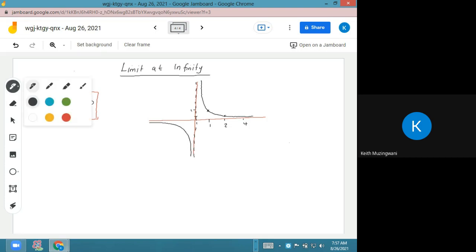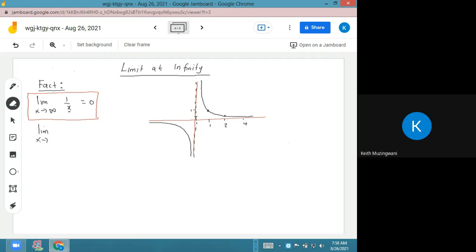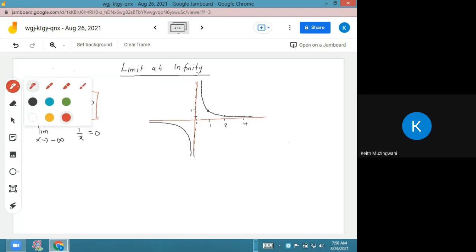So we also have that the limit as x goes to infinity, to negative infinity, of 1 over x is equal to 0. These two facts are going to help us a lot in answering all the questions on limit at infinity.